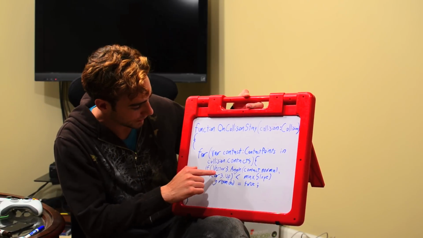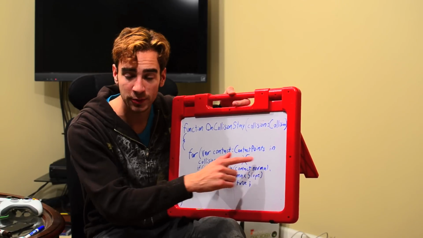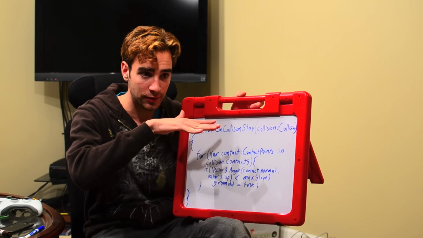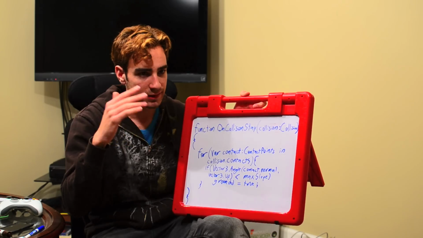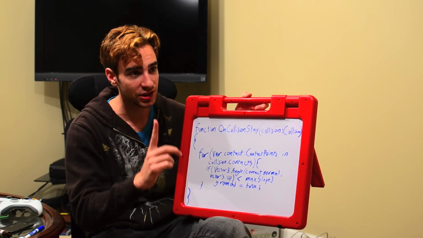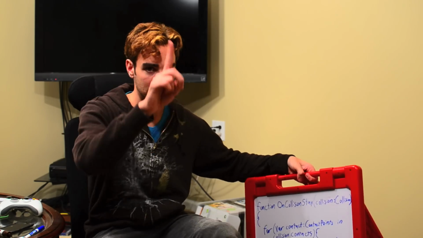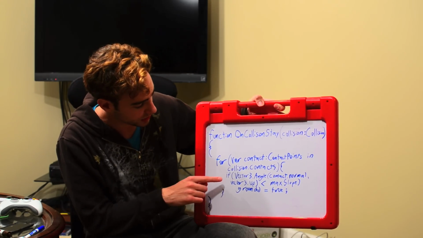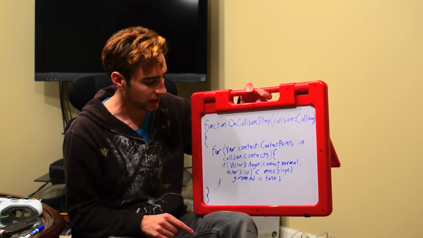So we have if Vector3.Angle, and we're measuring between contact.normal, or the polygon that results in the collision, what it's pointing at. Like I said, for the ground, that'd be pointing straight up. And then we're measuring it against Vector3.up, so anywhere in world space, just straight up.